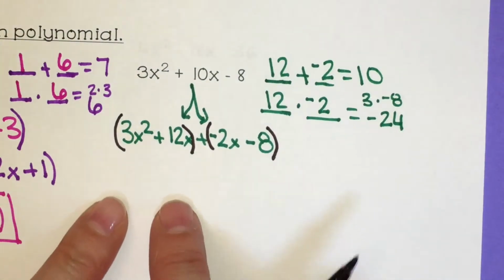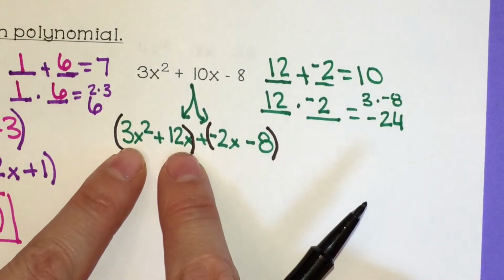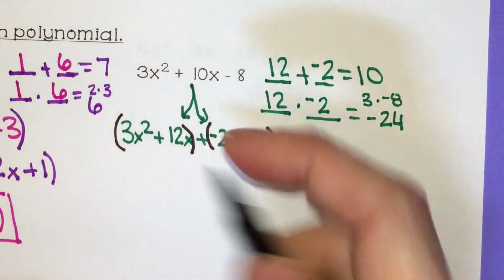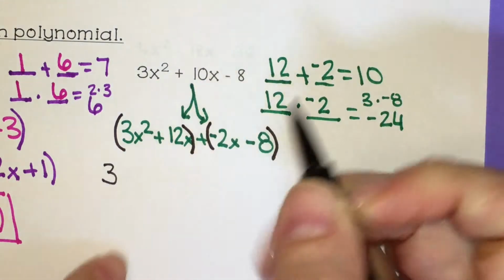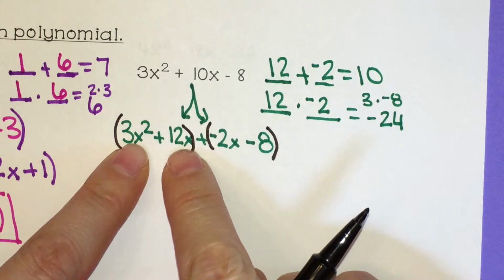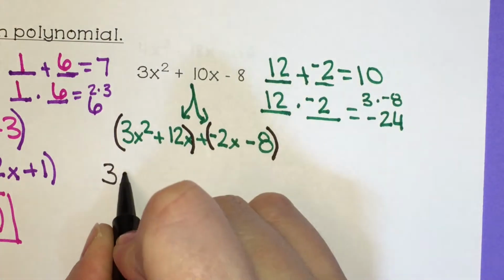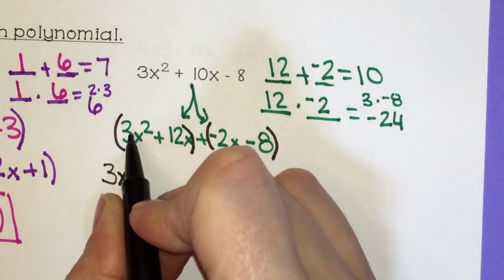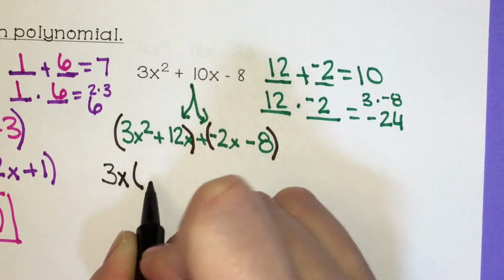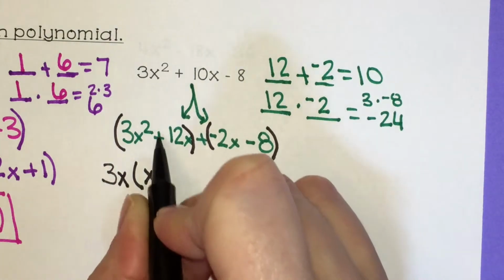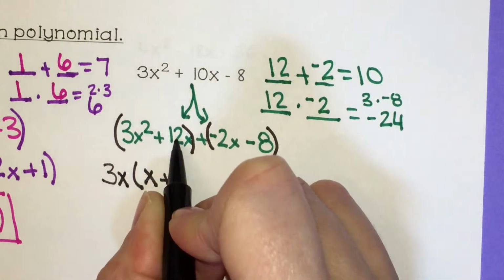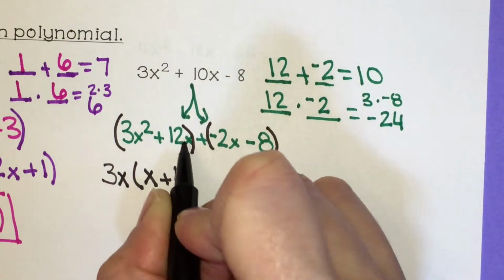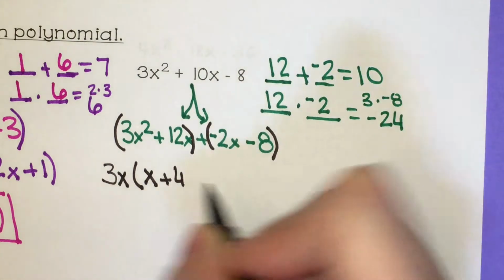So 3x squared plus 12x. Well, 3 and 12 can both be divided by 3, so I can factor that out. X squared and x, well, they both contain an x, so I know I can factor that out. 3x squared divided by 3x leaves me with just x, plus 12 divided by 3 is 4, x divided by x is 1, so I'm just left with 4.